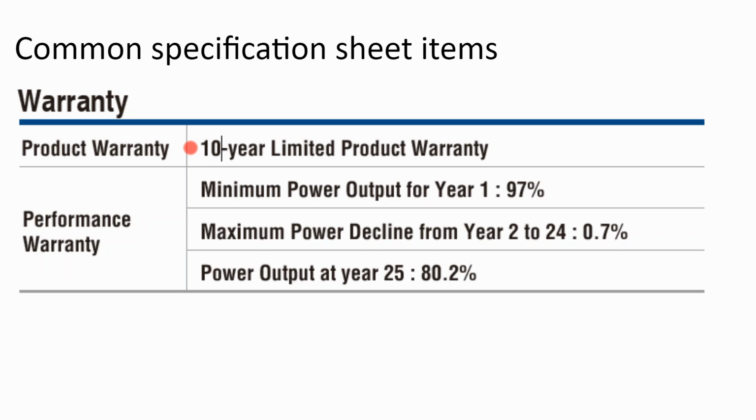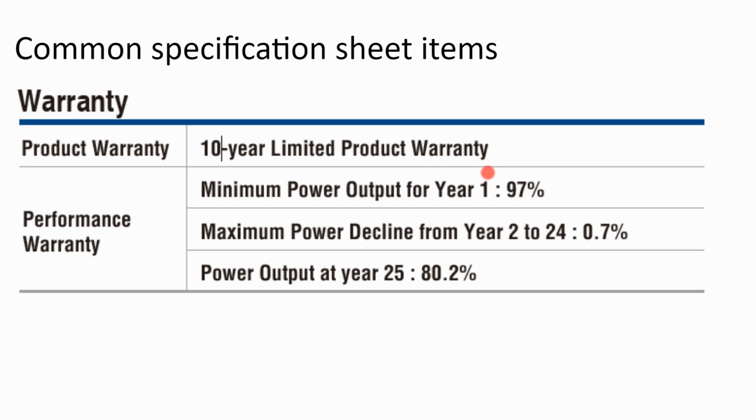What it really means is a 10-year warranty is on the build quality of the panel itself. The performance warranty is more like if the performance starts to drop down below this and there's nothing wrong with the build quality, then that triggers a different replacement process.